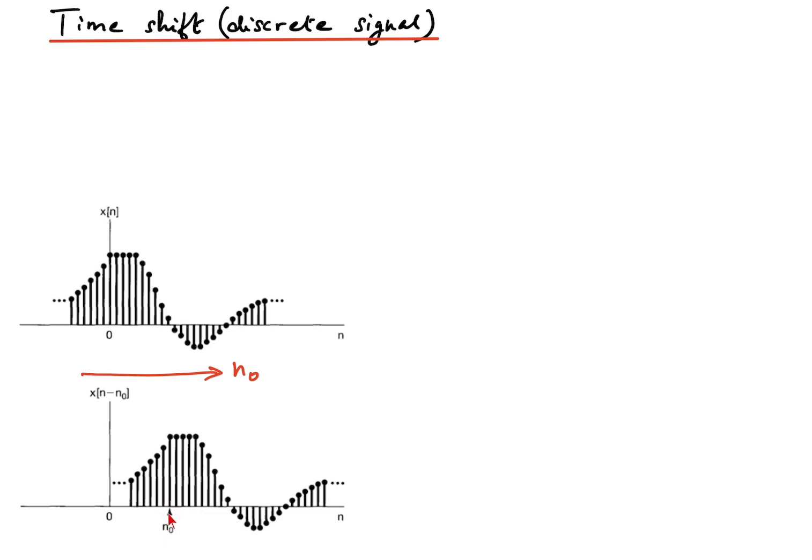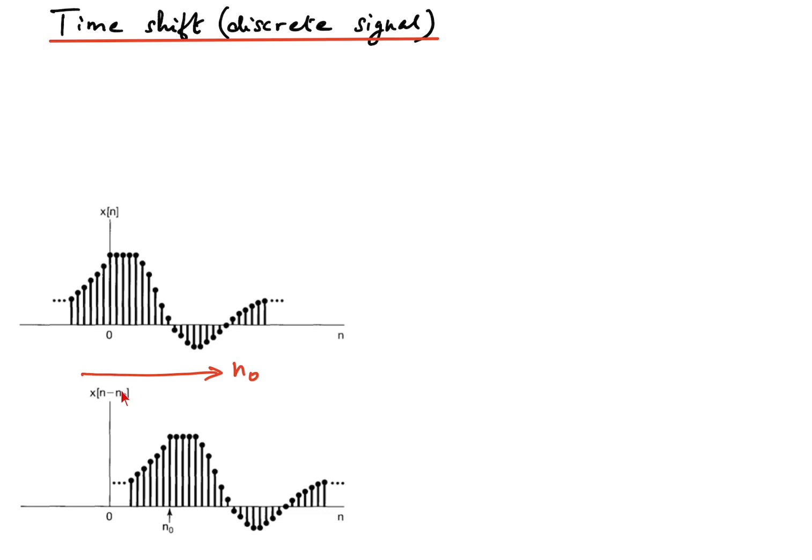So suppose this n naught is equal to 5. So instead of 0, it will be shifted to the right and it will come at 5. If this is 10, then it will come at 10, and so on.